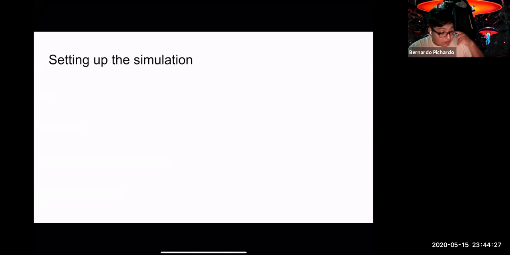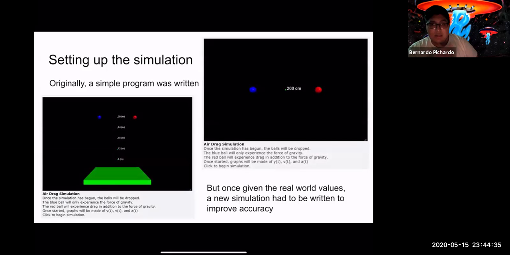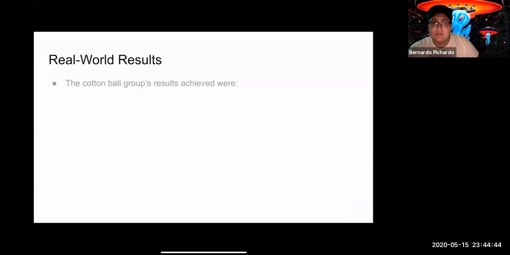So, setting up the simulation. Originally, as I said before, we set up a simple program, which was our prototype. But after we consulted and did some more research, we realized we're going to have to rework this a little bit to make it more realistic, and obviously including the real parameters of a cotton ball. So, real world results. This is what we achieved.